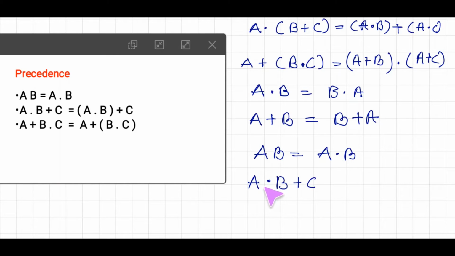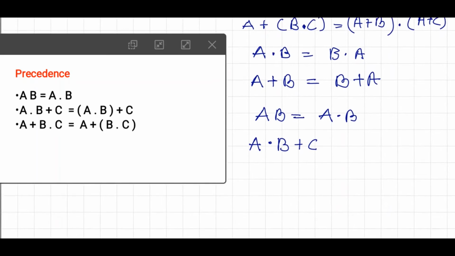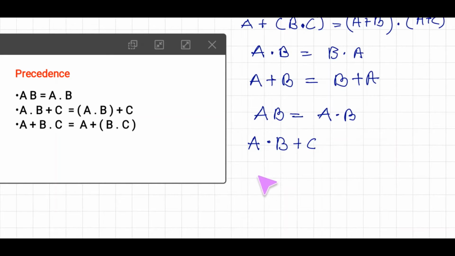So remember that the ANDing operation has precedence. What does it mean? Let us consider 2 multiplied by 3 plus 4. If you perform the operation like this, 3 plus 4 is equal to 7, and 3 plus 4 is multiplied by 2, the result is 7.